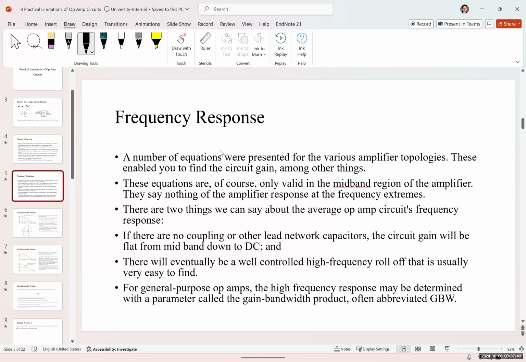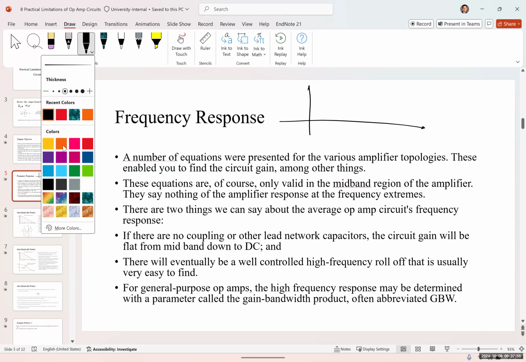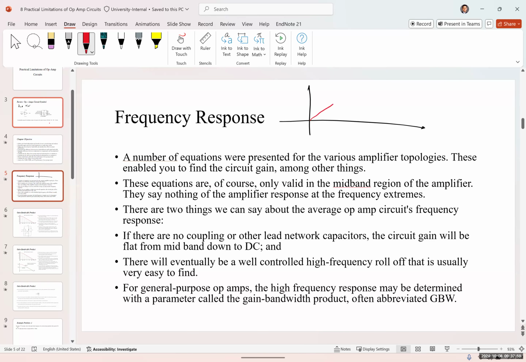A frequency response has an upper cutoff frequency and a lower cutoff frequency, which we call FL and FH, or F1 and F2. A frequency response graph usually looks something like this.